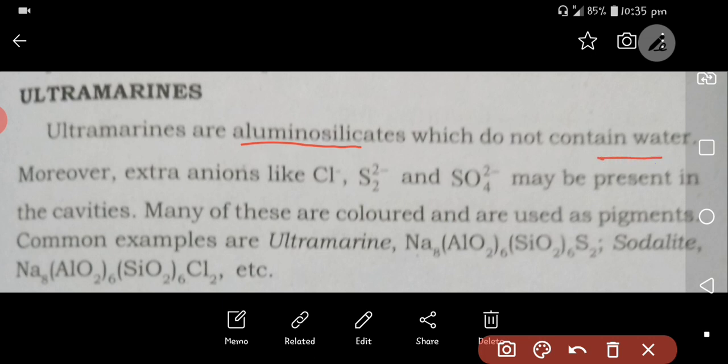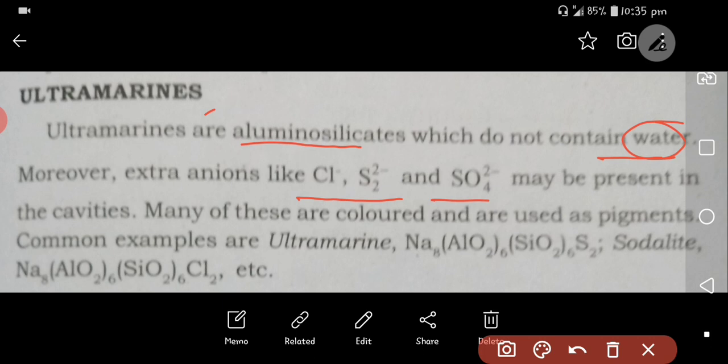We have seen that in the zeolite, inside the cavity, they have molecules like water, carbon dioxide, ammonia, etc. If water is absent, then it becomes ultramarine. So in ultramarines the cavity does not contain water molecules. Instead, other ions like Cl minus, S2 minus or SO4 2 minus may be present.